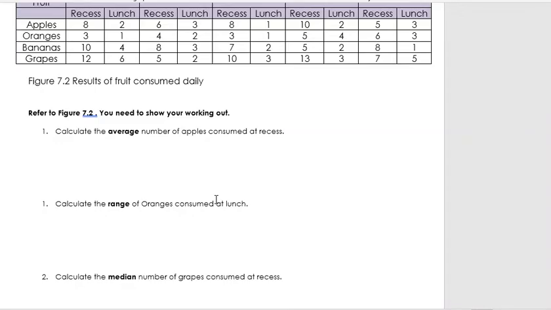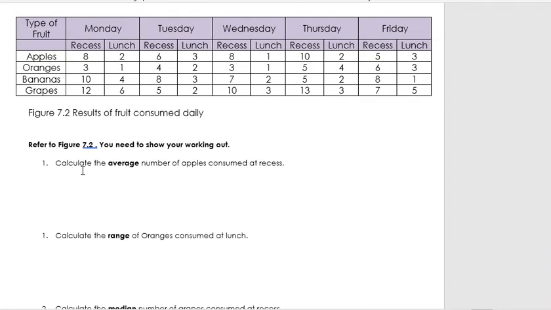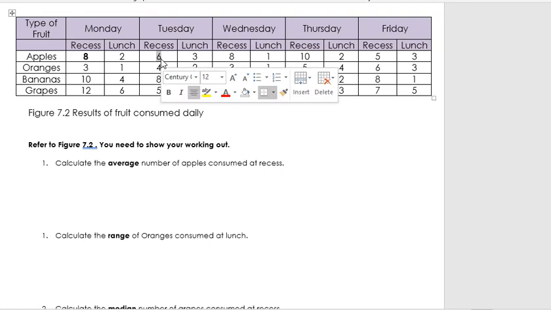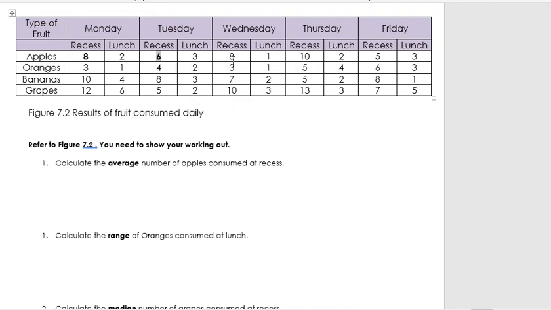So on our practice test, you were asked to calculate the average number of apples consumed at recess. So what you have to do is you have to look at apples and find recess, and you have to add 8 plus 6 plus 8 plus 10 and then plus 5.